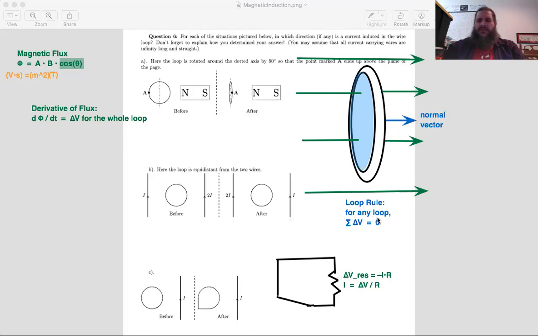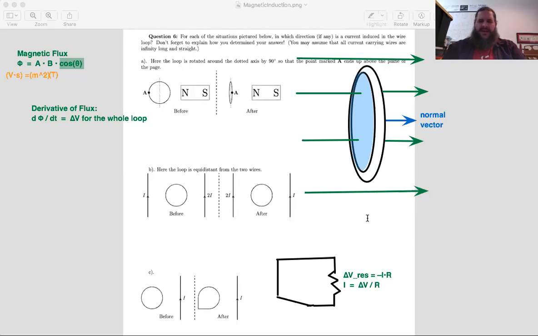It turns out the loop rule as written here is only valid if there's no magnetic effects. The idea of flux here, this d flux dt equals delta V for the whole loop, is effectively a correction to the loop rule, a slight adjustment. If we want to be more accurate and include magnetic effects, it's not that the sum of the voltages in the loop equals zero, it's that the sum of the delta voltages in the loop equals d flux over dt.